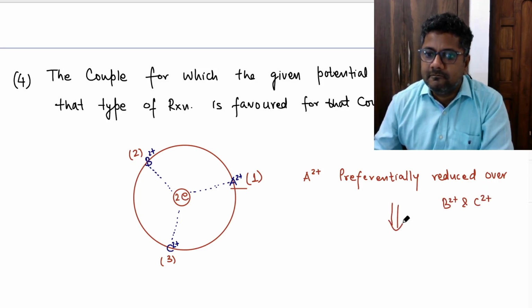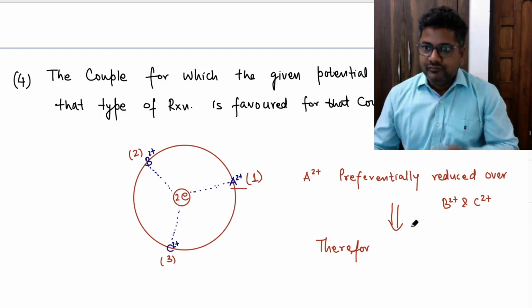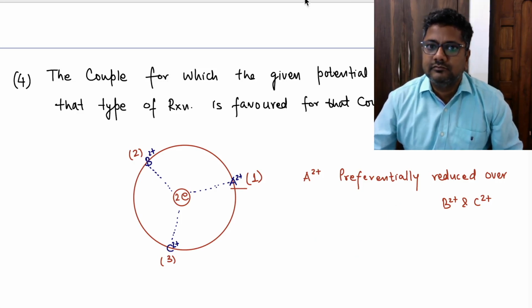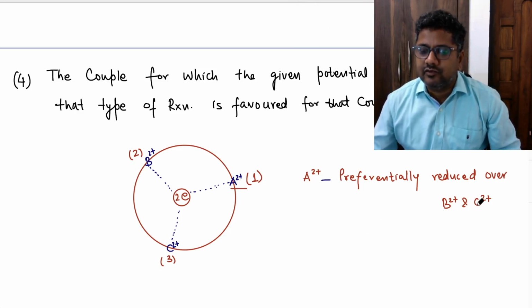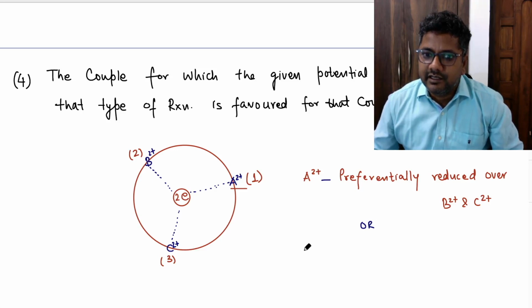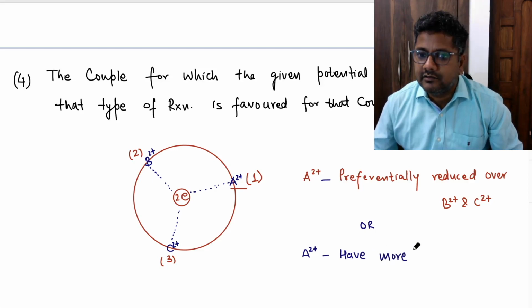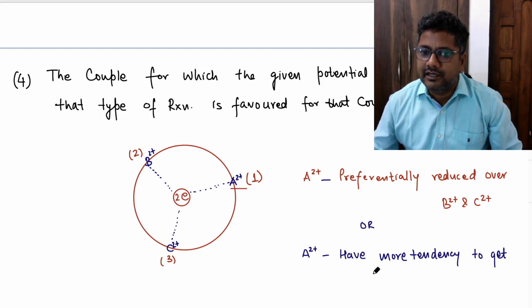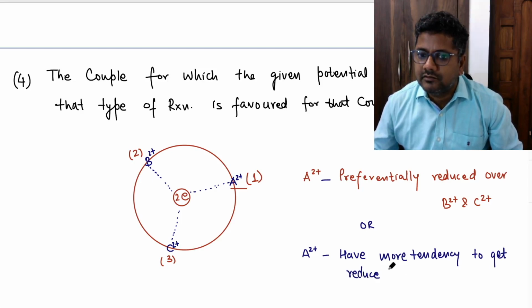Therefore, one more point I can add here: A2 plus is preferentially reduced over this, or we can say A2 plus has more tendency to get reduced than, not B, not C, B2 plus and C2 plus.